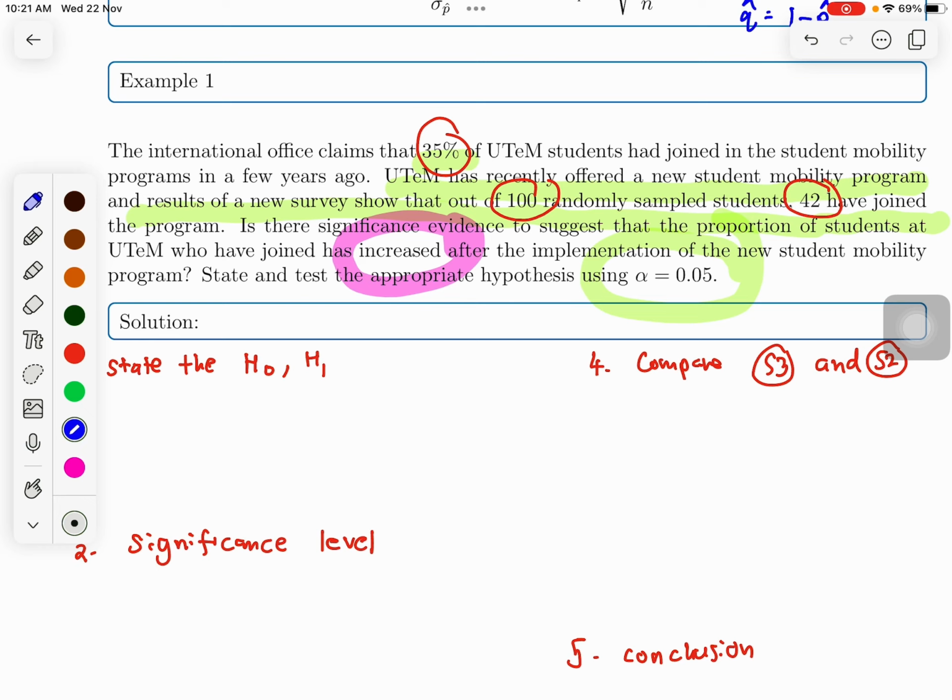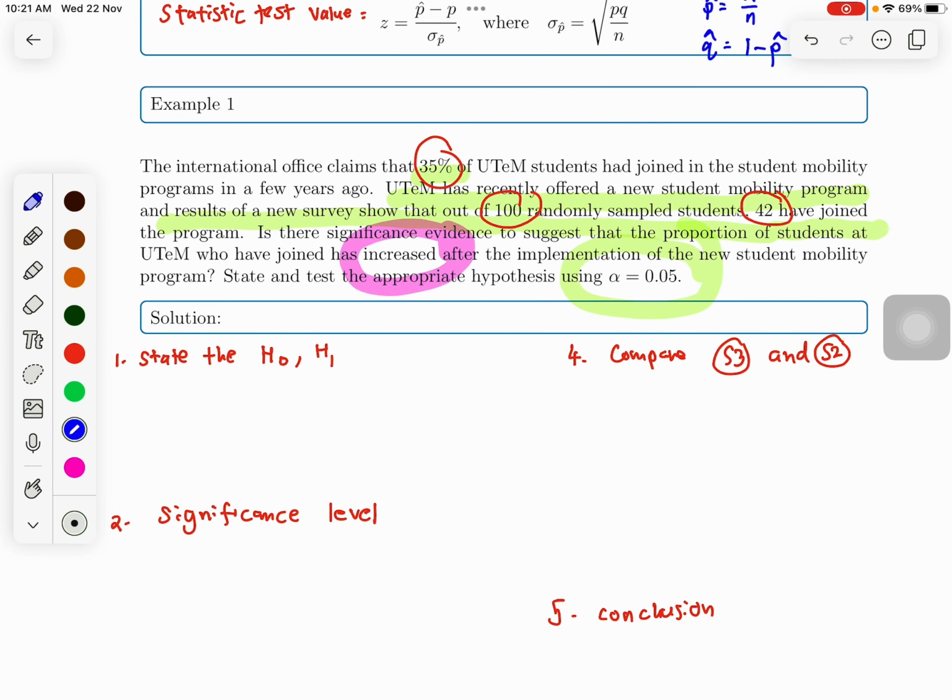So increase is the hint for you to put this information in step 1, which is the alternative. The alternative is P more than 0.35, increase, right?